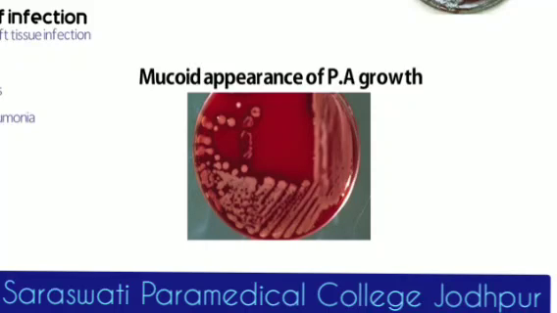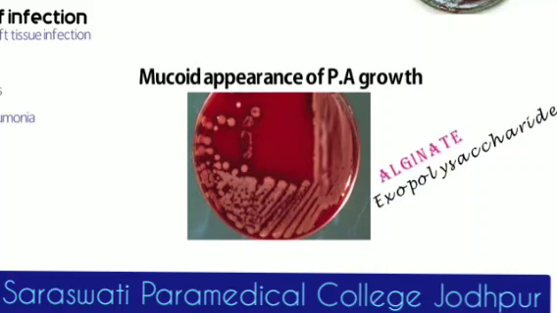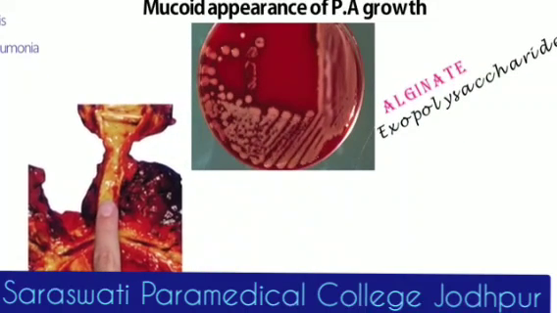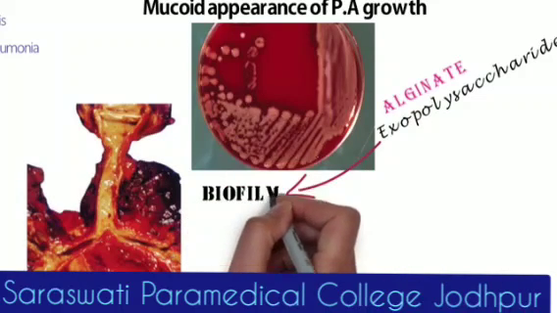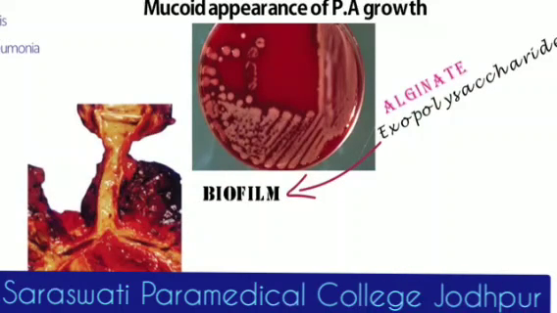It is due to the overproduction of alginate. Alginate is an exopolysaccharide. This exopolysaccharide provides the matrix for the Pseudomonas to live in this biofilm. And while living and proliferating in this biofilm, Pseudomonas causes the chronic lung infection in a patient with cystic fibrosis.